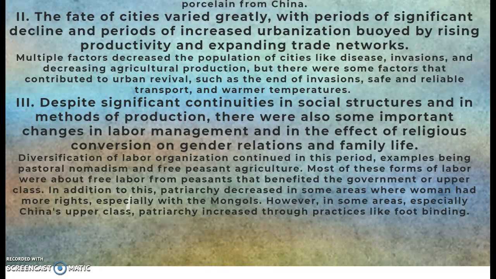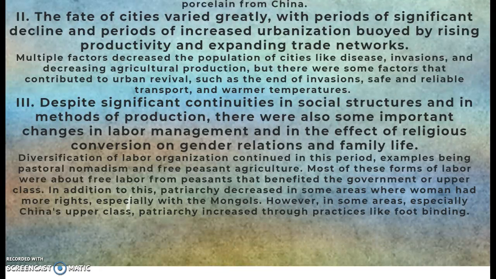And then next is about gender, like the patriarchy. It increased in some places, like China, especially in the upper class, because you would have foot binding and more emphasis on the male members of the family controlling the female members, getting them married, and then their husband would control them.